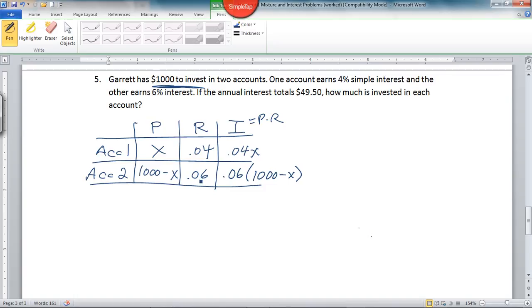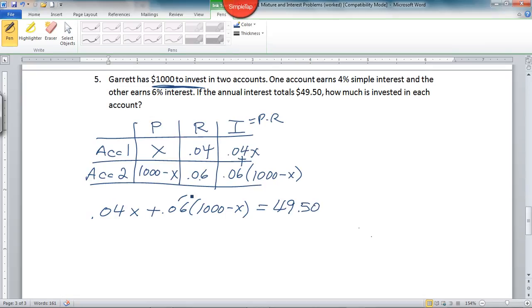All right, well, we've again got the total annual interest, so I add these two interests together. 0.04x plus then 0.06 times 1,000 minus x. And that's going to equal the total annual interest. We've got $49.50. We can solve that out. We're in pretty good shape.